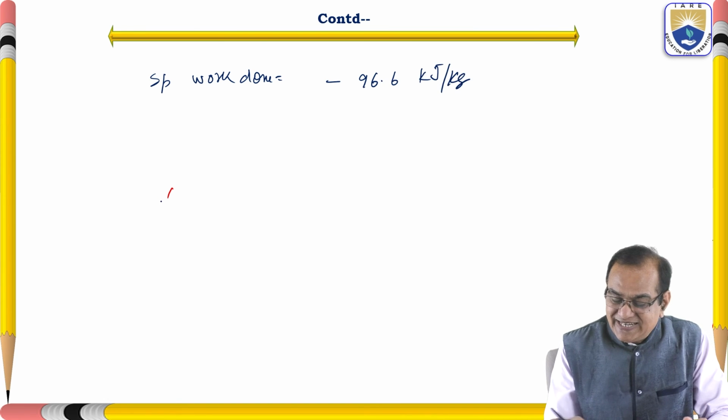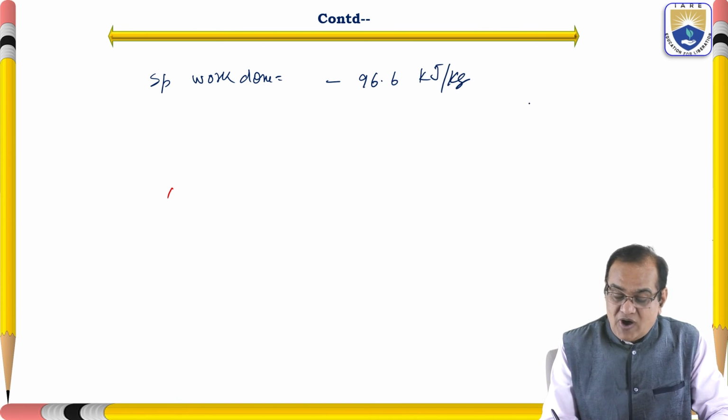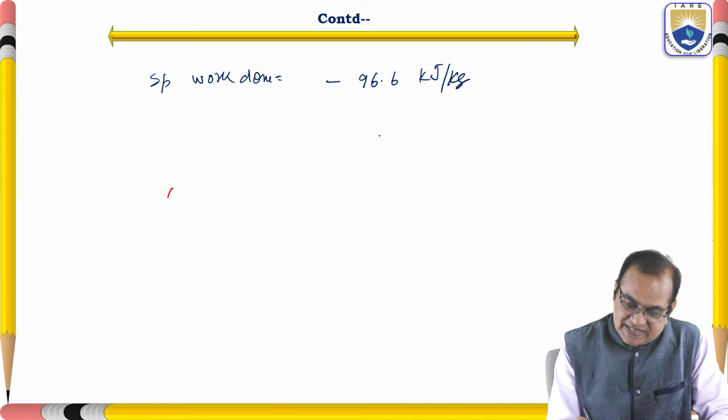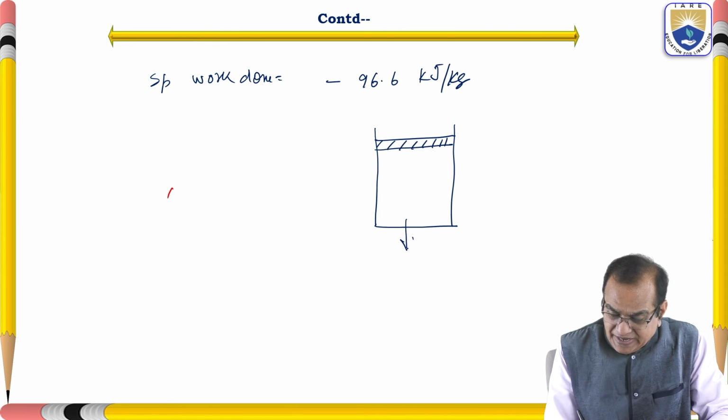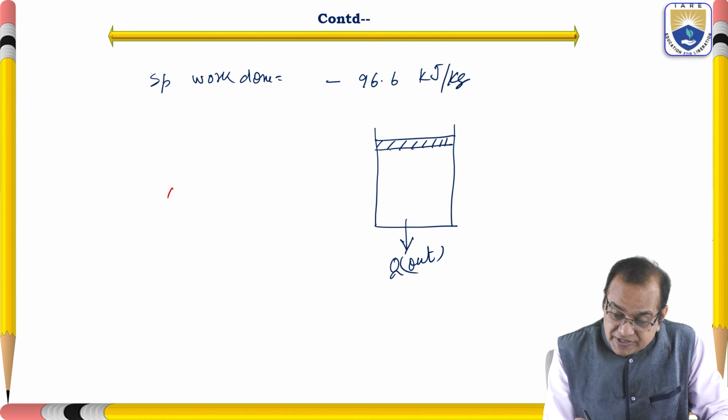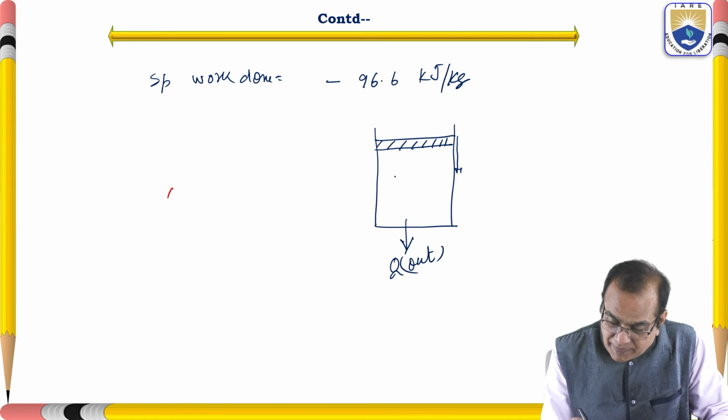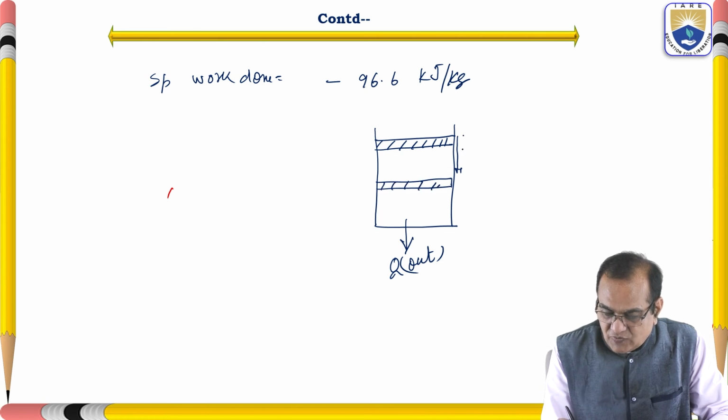So what does it indicate? The analysis is what? If you see here that this is the piston, and we are taking heat Q out. So it is cooling down. So the piston is moving from top to the bottom. Here, new position. This is the 1 and this is the 2. So this volume is reduced.